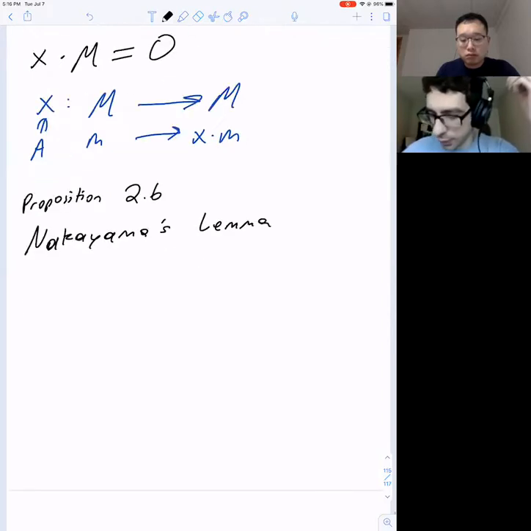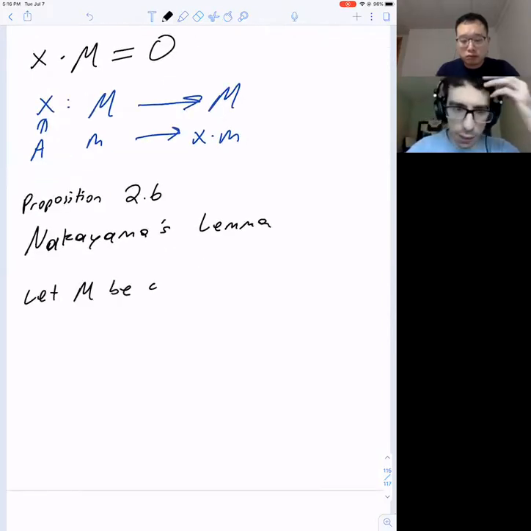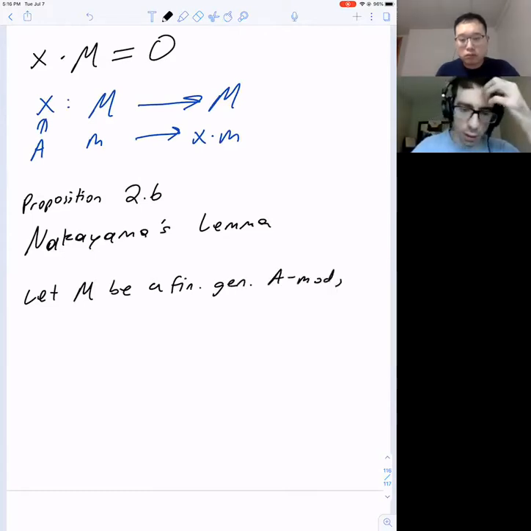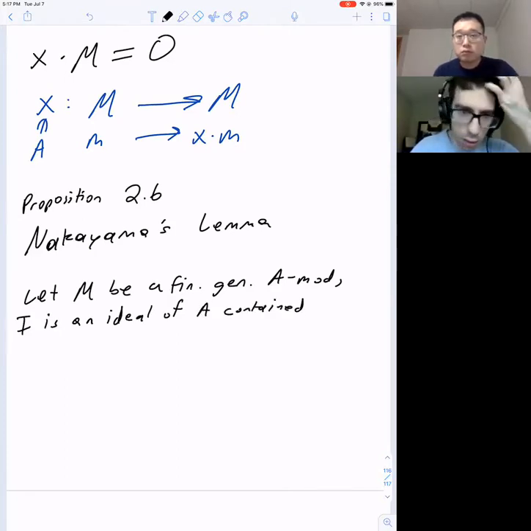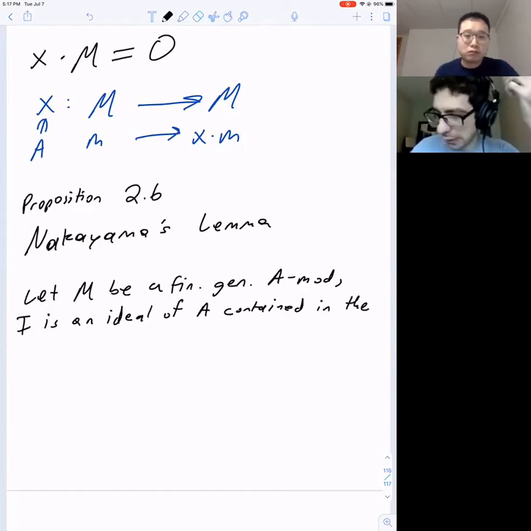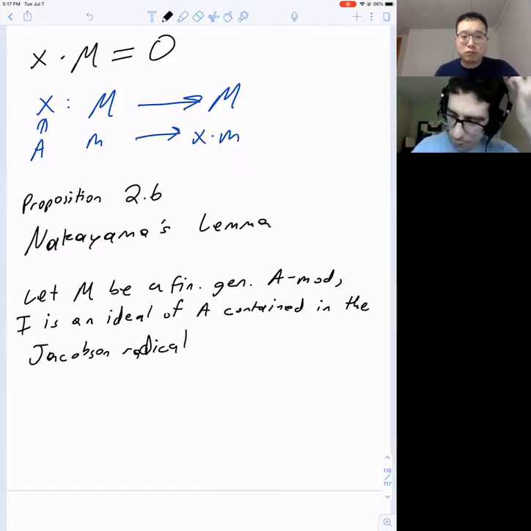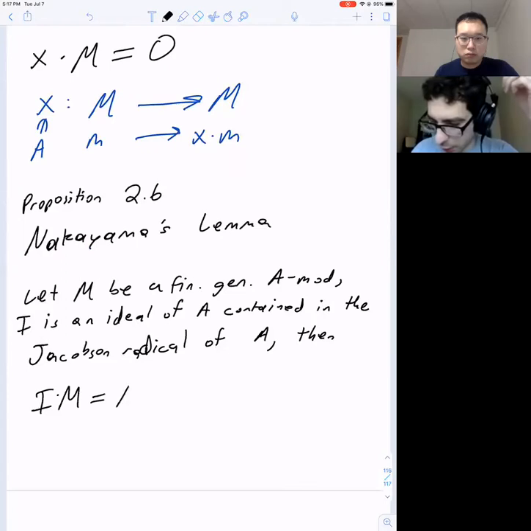So the statement is: let M be a finitely generated A-module. Say I is an ideal of A contained in the Jacobson radical of A. Then I times M equaling M implies M equals 0.